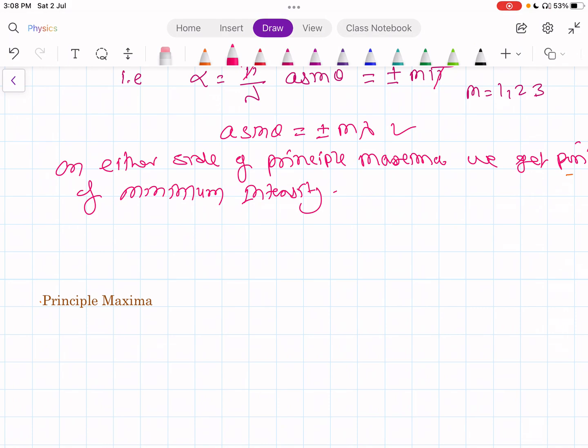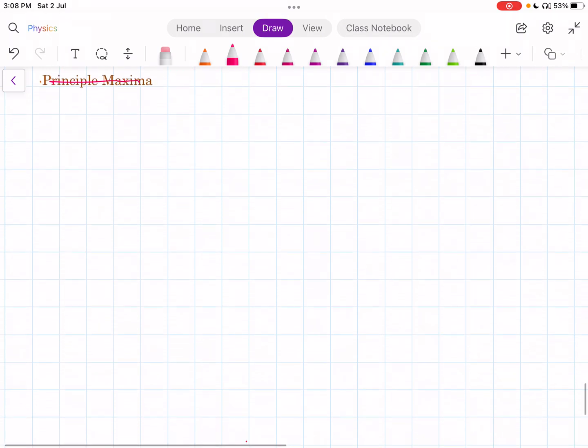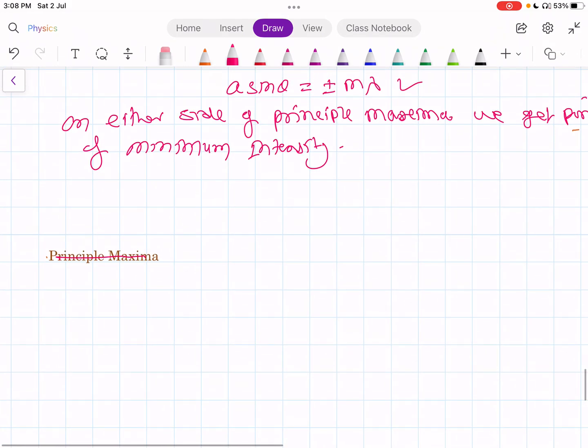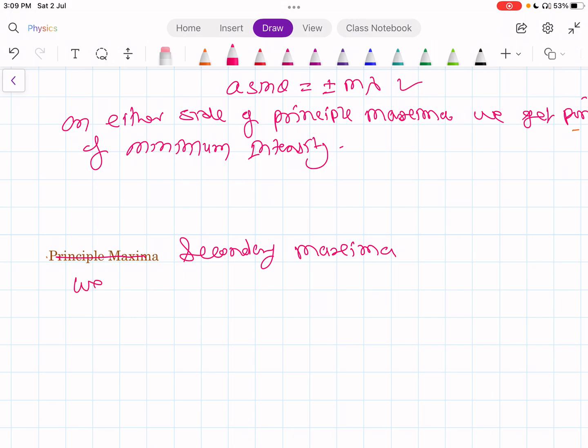Then let's find secondary maxima, positions of secondary maxima. To get the position, we get weak secondary maxima exactly between two minimas.